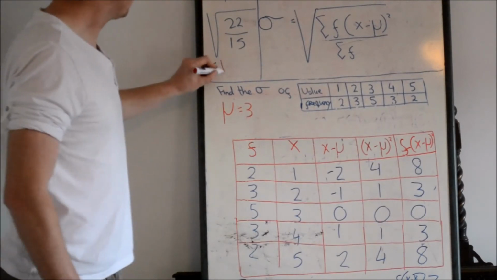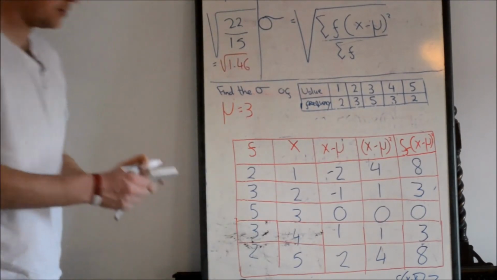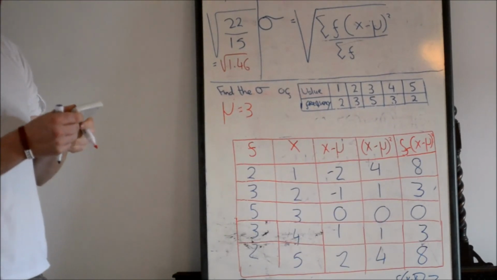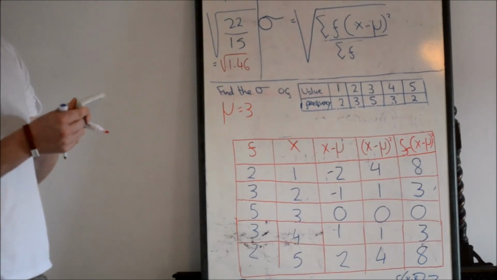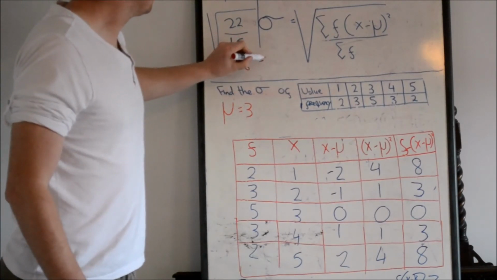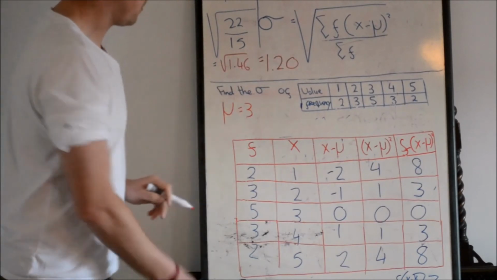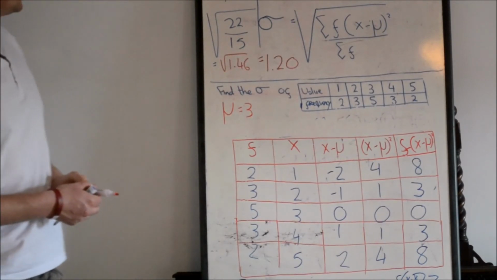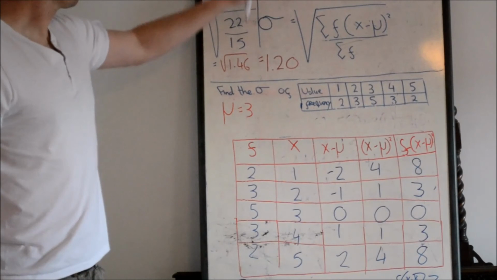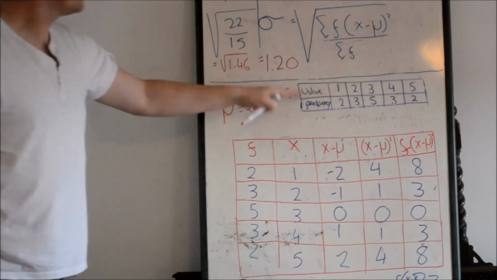So we have the square root of 1.46, and just to finish it off, the square root of 1.46 equals 1.20. So our standard deviation of this is 1.20.